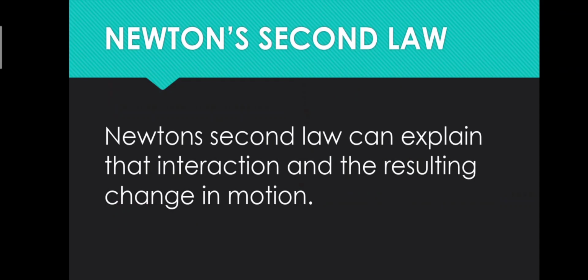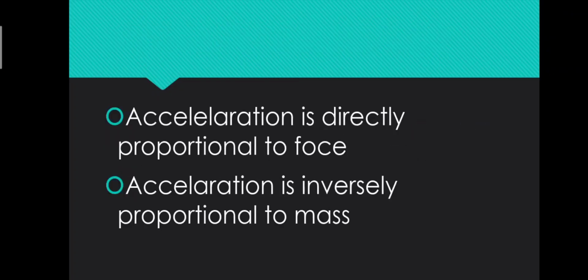Next, Newton's second law. The common definition of a force is any push or pull. A more interesting and useful definition is any interaction between two or more objects. Newton's second law can explain that interaction and the resulting change in motion. If acceleration is directly proportional to force, this means a large force causes a large acceleration.